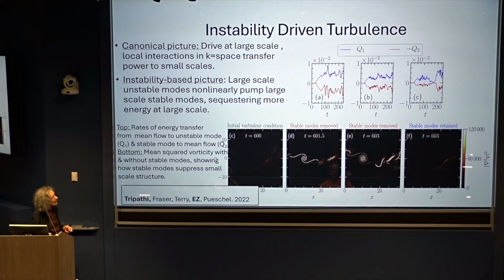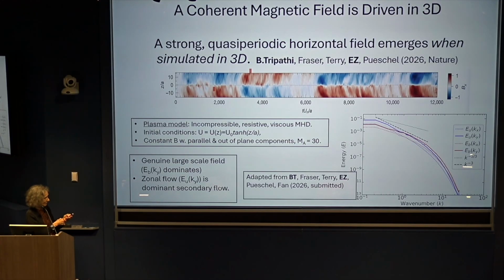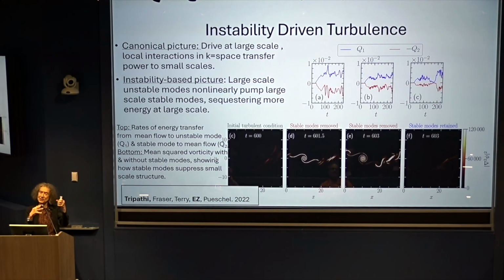It turns out that this stable mode at large scales is pumped nonlinearly by the unstable mode. So in addition to driving small-scale modes, the unstable mode drives a stable large-scale mode. And this has the effect of sequestering magnetic energy at the large scale. So it takes a bite out of the cascade, and it keeps some of the power at large scales.